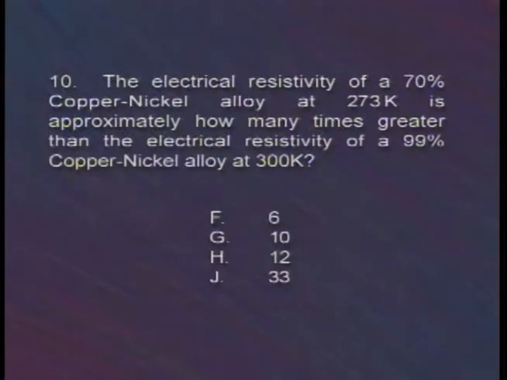Question 10. The electrical resistivity of a 70% copper-nickel alloy at 273 degrees Kelvin is approximately how many times greater than the electrical resistivity of a 99% copper-nickel alloy at 300 degrees Kelvin?